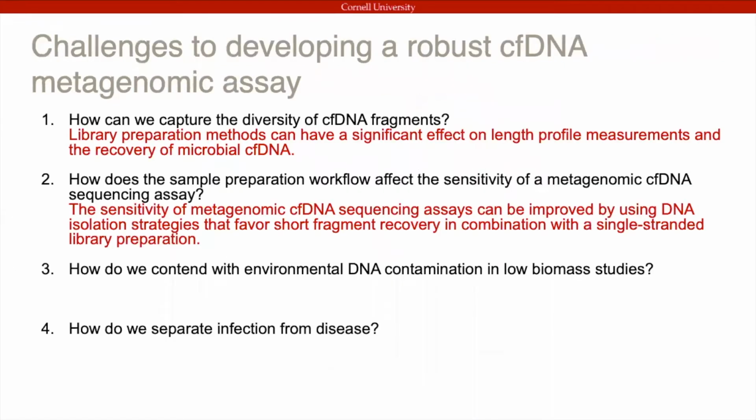And so we show that the sensitivity of a metagenomic cell-free DNA sequencing assay is influenced by the DNA isolation strategies. So we can easily improve them by using strategies that favor short fragment recovery. And what's more important is the use of a single-stranded library preparation to be able to capture all of the cell-free DNA fragments that are in our samples.